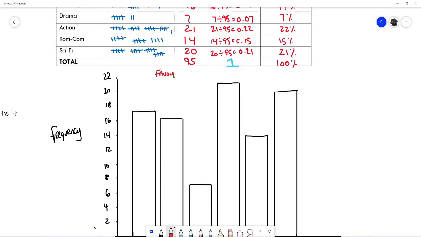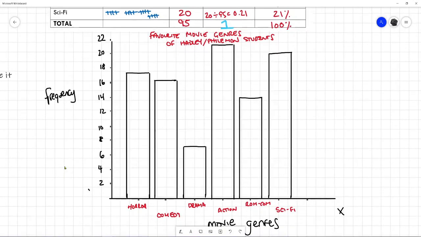Favorite movie genres of Hadley Filament students. Mine's a bit squished here, but yours is going to be perfect. And that's it. That is our completed bar graph.